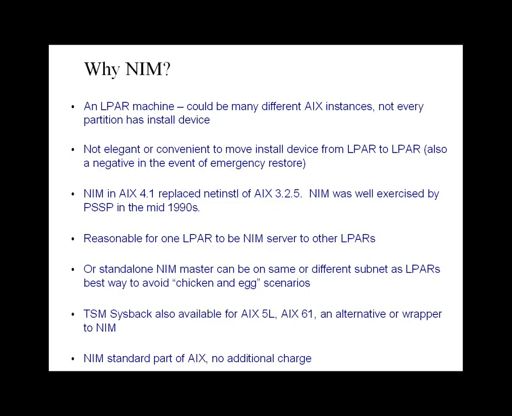It was virtualized. Not every LPAR has an install device. We don't have tape. We don't have a DVD player in every LPAR, and it wasn't particularly elegant or convenient to move an install device from LPAR to LPAR. Some of that's gotten easier with virtual optical coming out of the VIO server in 2004 and how it's improved over the years. But NIM is still a good play for network-wide installs.